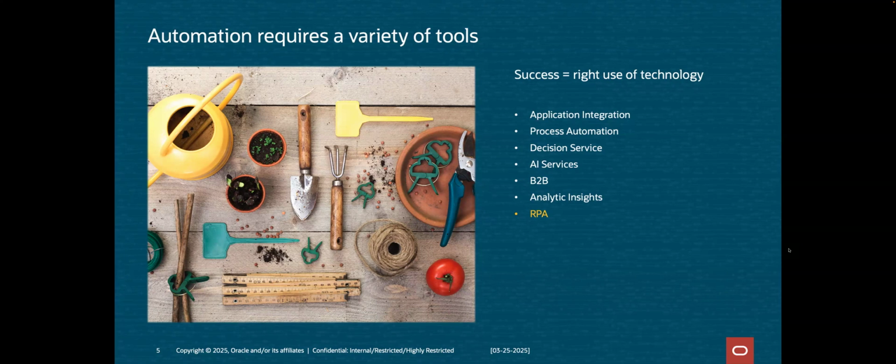We have a robust B2B capability where you can register trading partners and also establish communication in terms of transferring different documents through different transport protocols. We do support that with our B2B capabilities. You're also able to build analytic insights across all of these technologies.